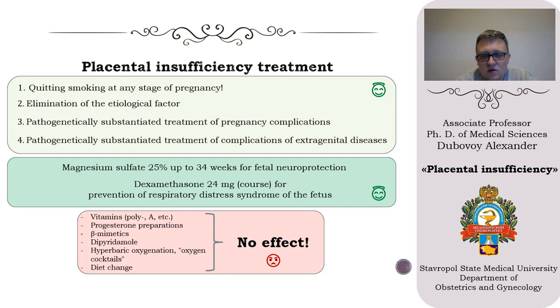Dexamethasone course 24 milligrams, 3 times 8 milligrams intramuscular, for prevention of respiratory distress syndrome of the fetus. There is no effect of vitamins, progesterone preparations, beta mimetics, dipyridamole, hyperbaric oxygenation, oxygen cocktails, and diet changes.